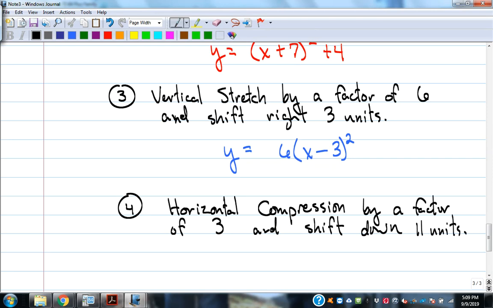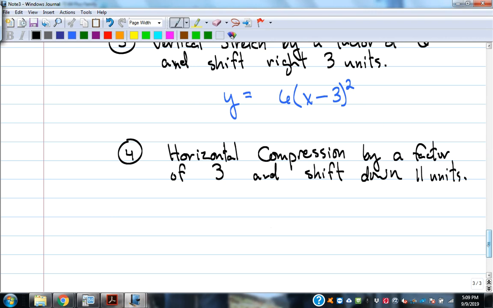Again, we're taking the x squared graph and doing that with it. What's a horizontal compression going to do for us? That's the hard part. I think the down 11 we can all get, but the horizontal compression by a factor of 3.